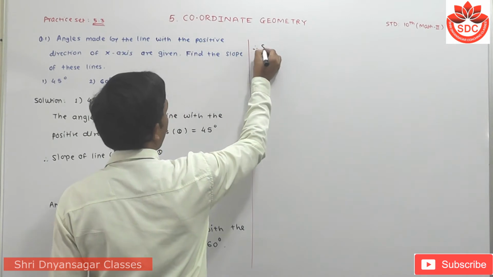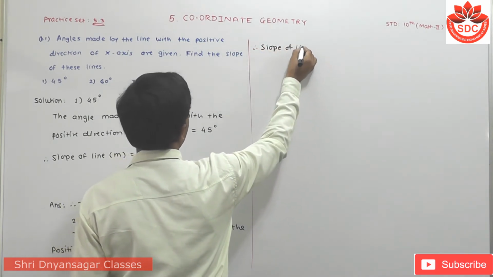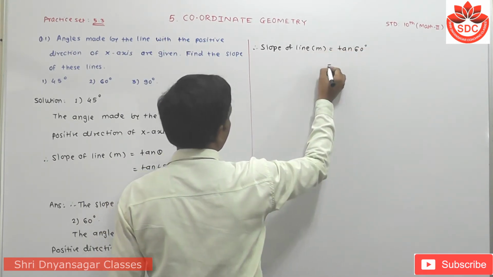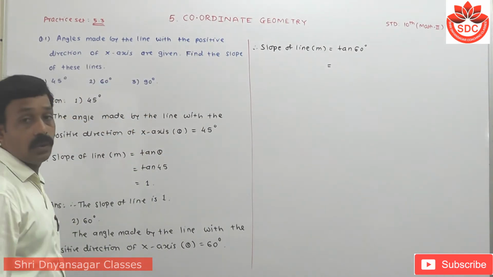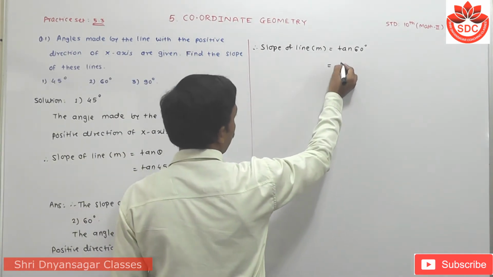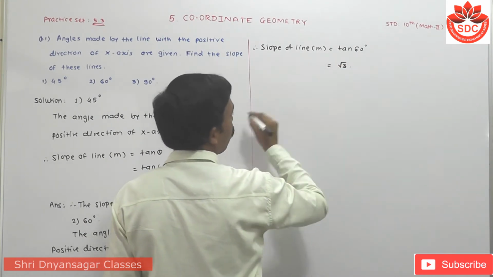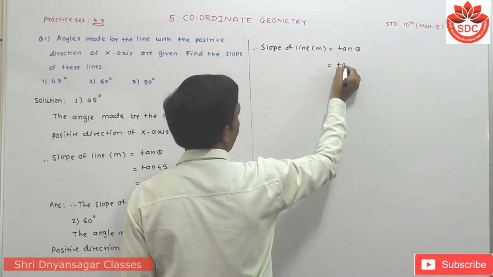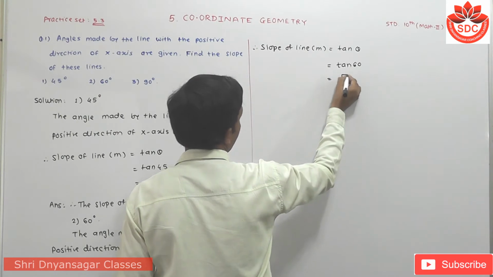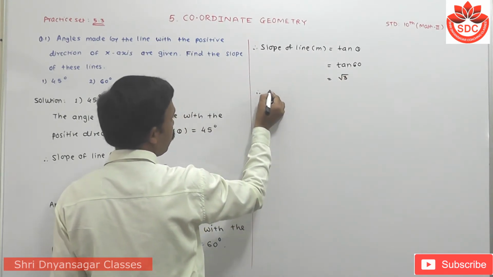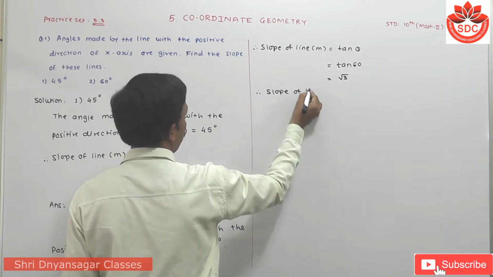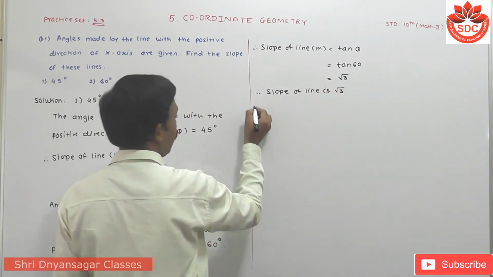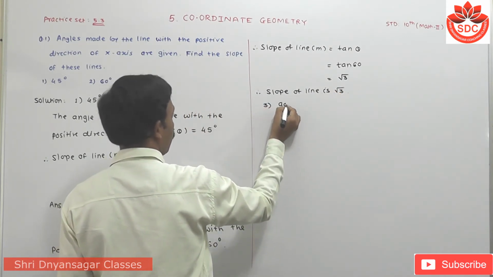Therefore, slope of line m equals tan 60. Now the value of tan 60 is root 3, by using the chart. So first I write tan theta, then tan 60 equals root 3. Therefore, the answer in a full sentence: the slope of the line is root 3.